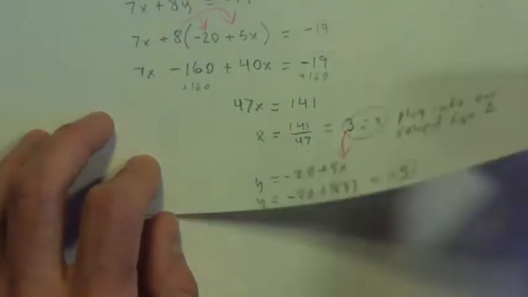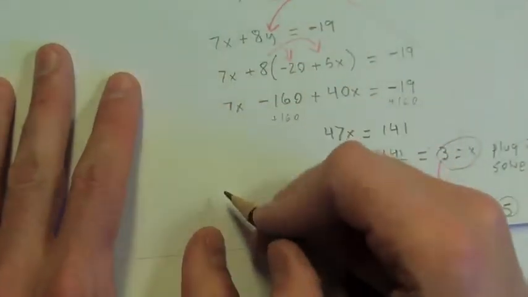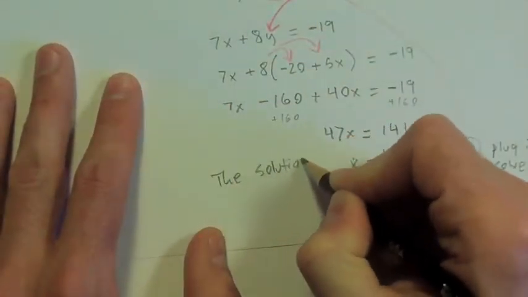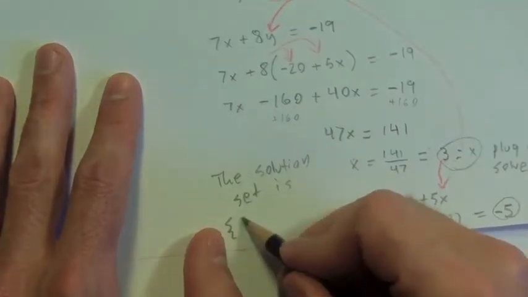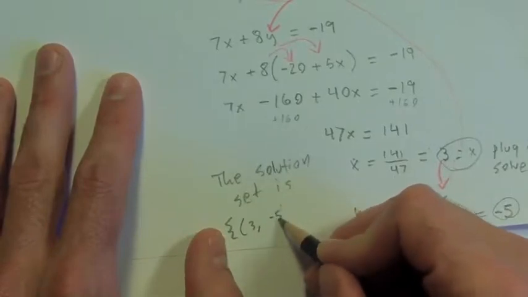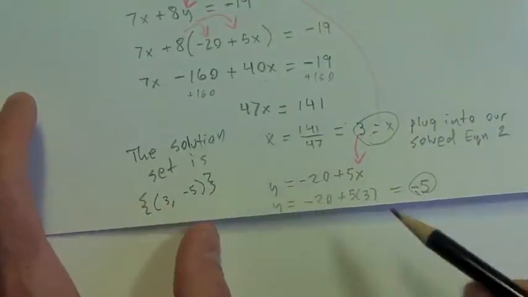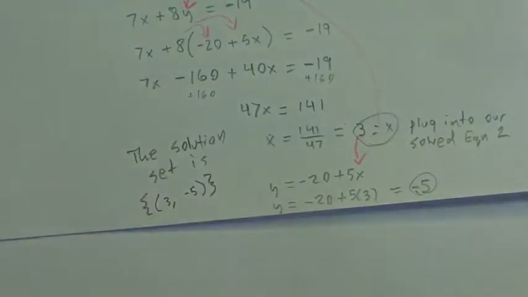So the solution set, brackets, I'm going to put the point (3, negative 5). Be careful with that. Make sure you match your x and your y. Remember, our x was 3, our y was negative 5, so when you put that point in, just make sure you've got everything in the right places.